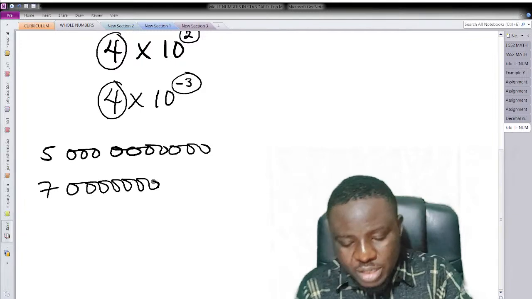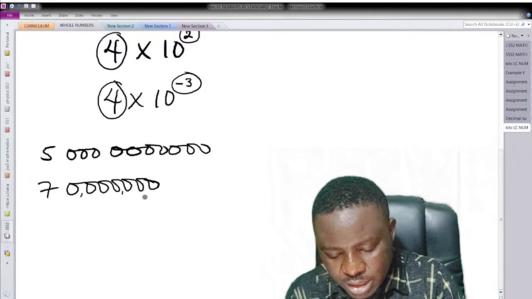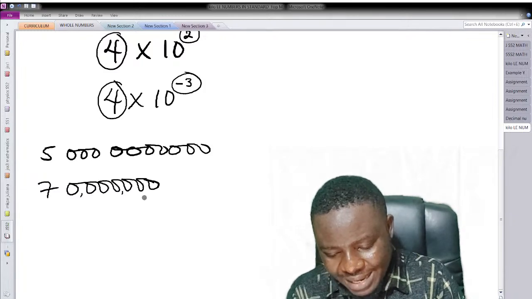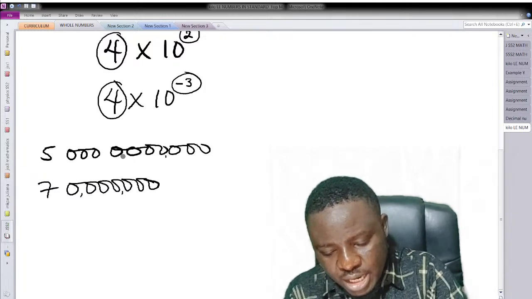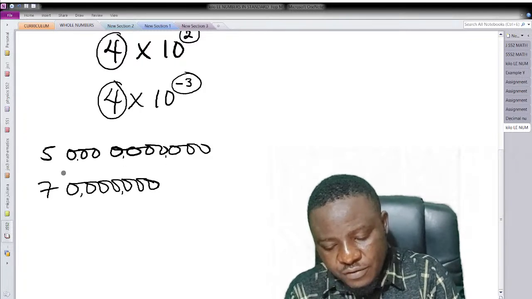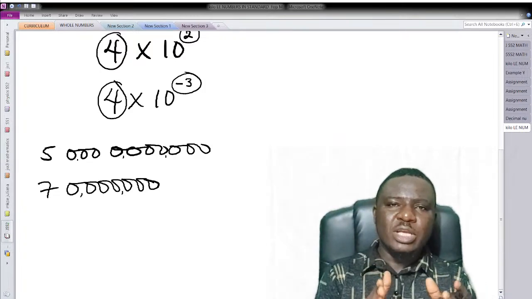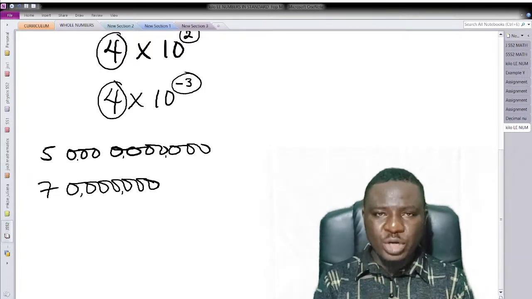Reason being that you then have to count the zeros. Okay, this is 70 million. You begin to check what's the value of this. This is 50 billion.